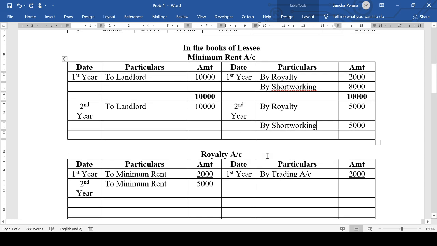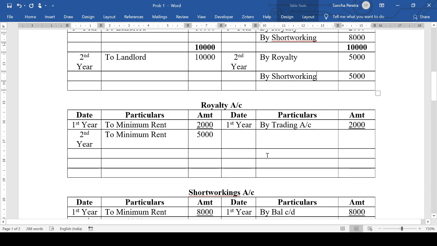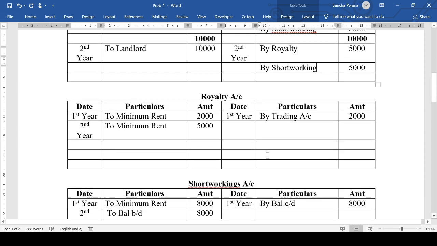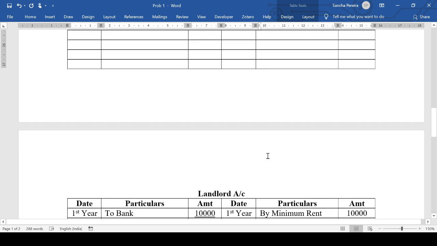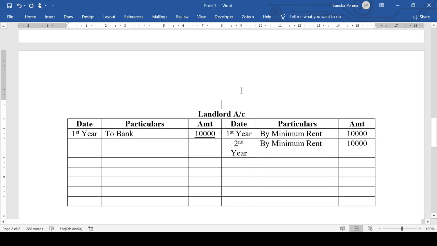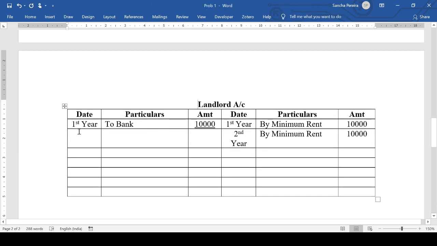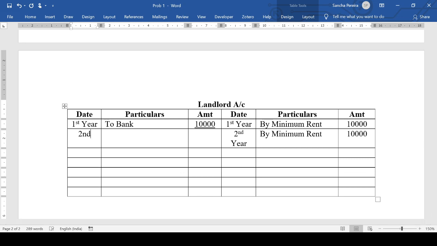Next is landlord account debit to bank. 10,000 is being paid to the landlord.